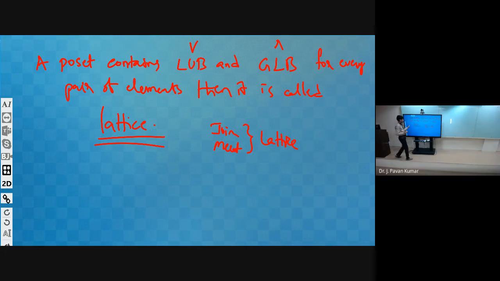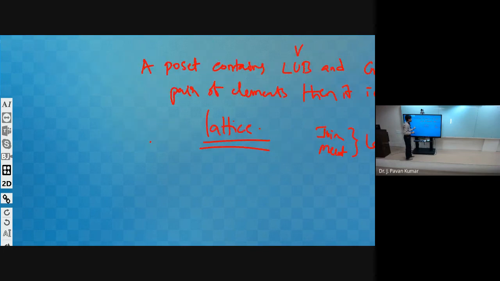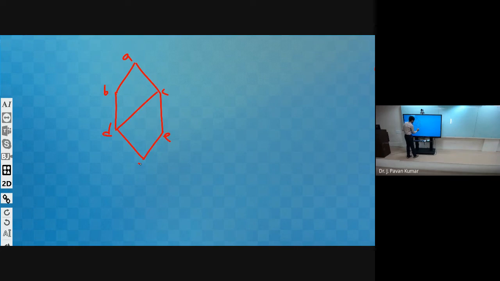Let us see one example for this. We are having a diagram like this. Is this a join semilattice or not? What we have to check? Try to see the video.